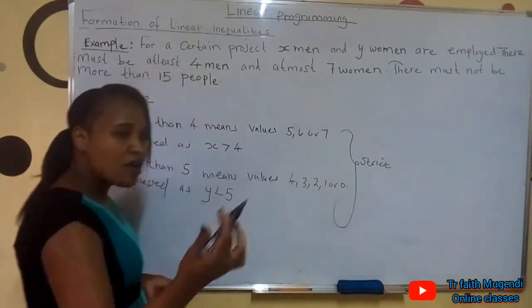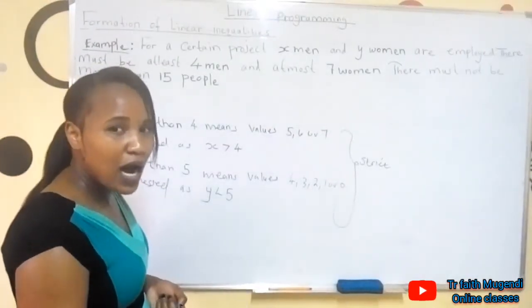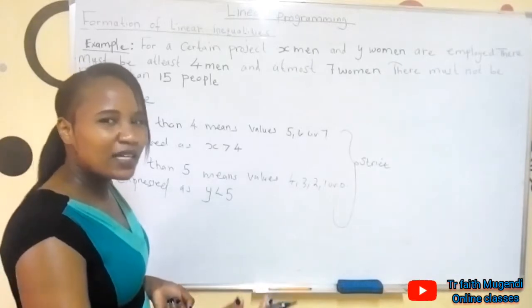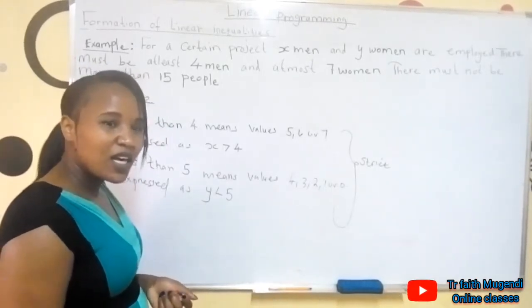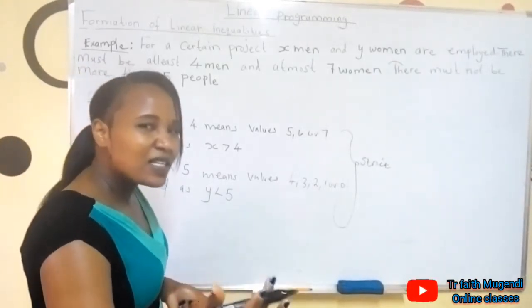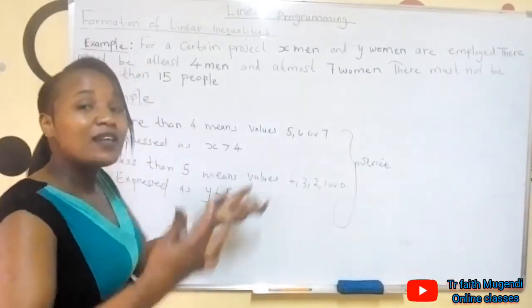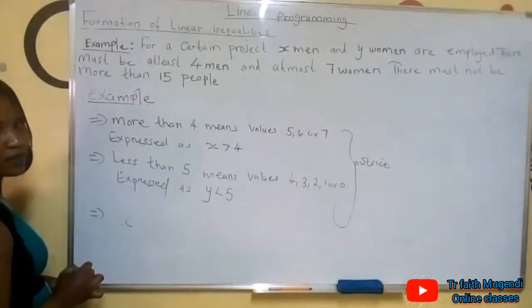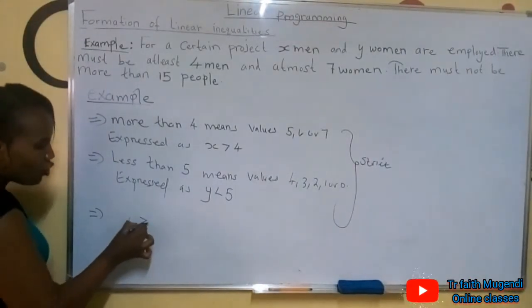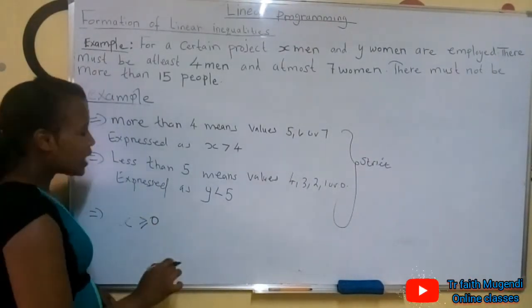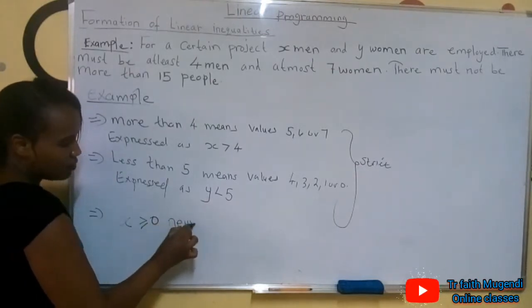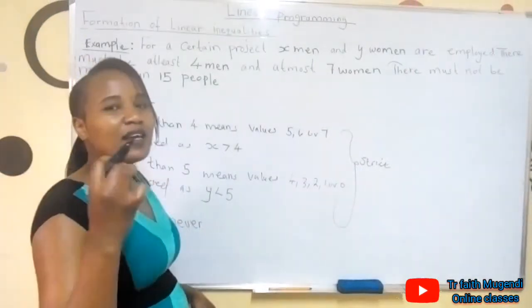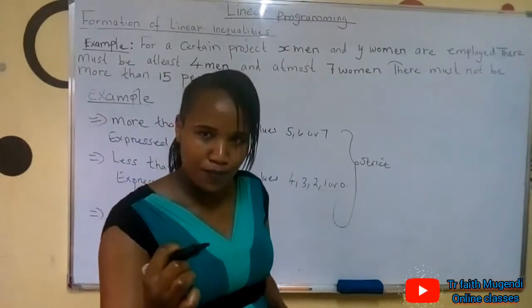And therefore, if X people are involved, if X items are involved, if X shillings are involved, then it is implied that X is greater or equals 0, because it can never take a negative value.